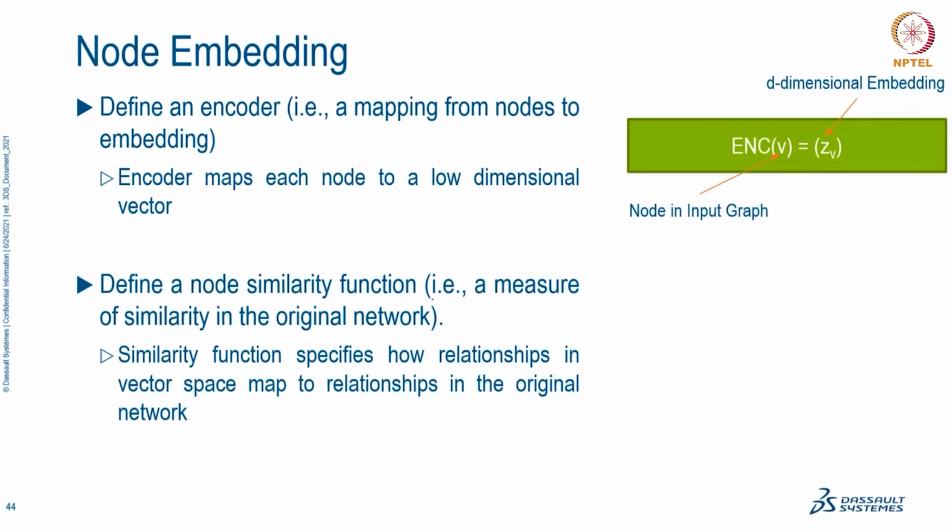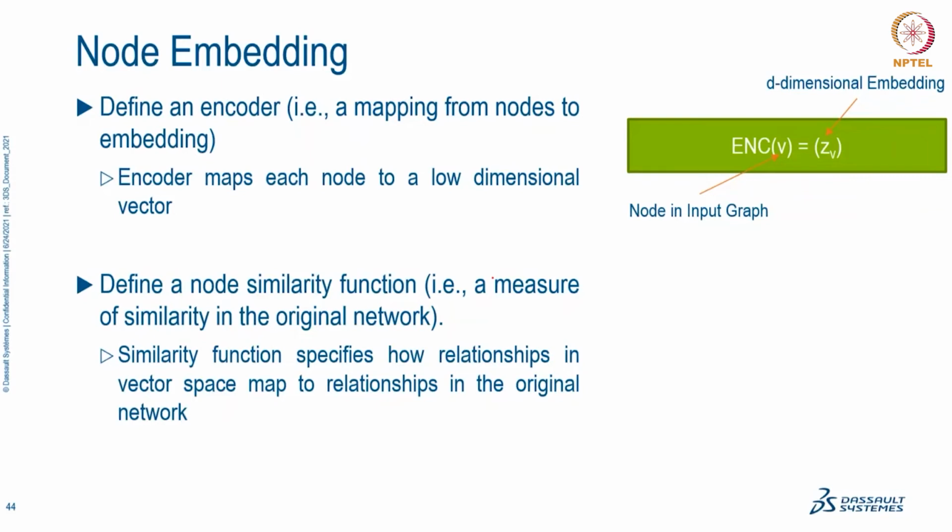Then we define the similarity function. This depends upon what properties you want to select for similarity. For our case, we are considering that the angle between those two nodes should be the same in the encoding or embedding space as well. So that is cosine similarity. There are different types of similarity, like Descartes similarity, but we'll not go into detail about that.